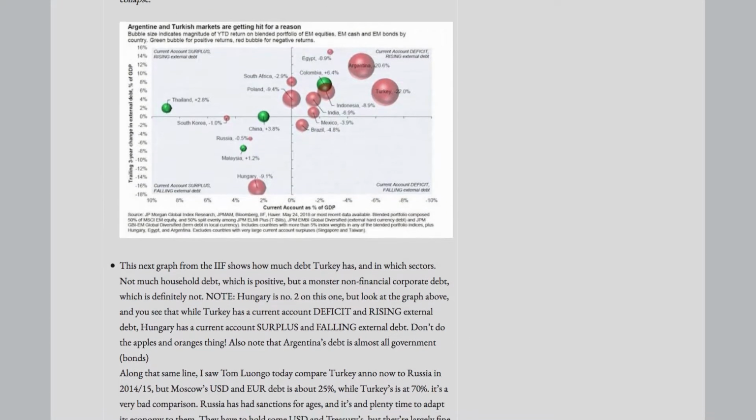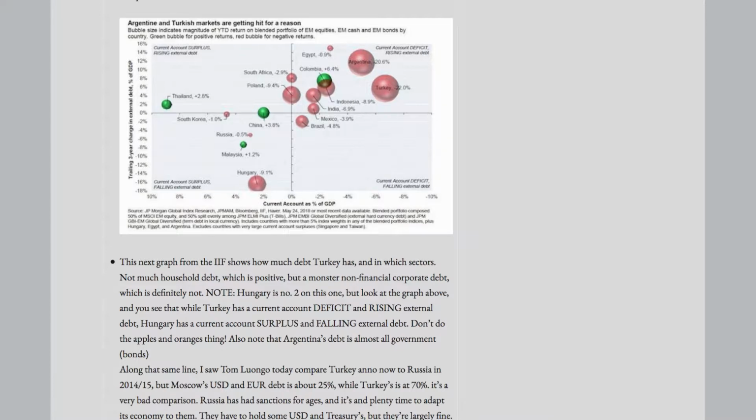Note, Hungary is number 2 on this one, but look at the graph above and you see that while Turkey has a current account deficit and rising external debt, Hungary has a current account surplus and falling external debt. Don't do the apples and oranges thing. Also note that Argentina's debt is almost all government bonds.